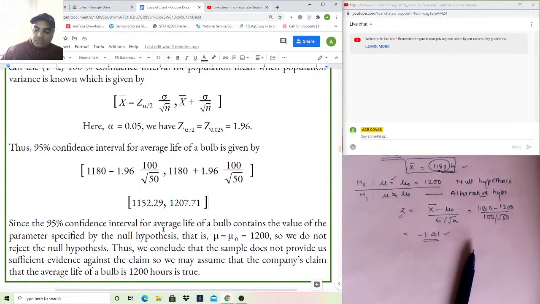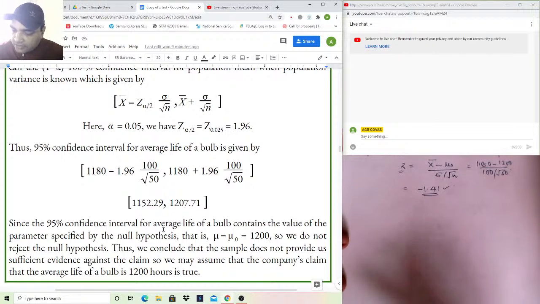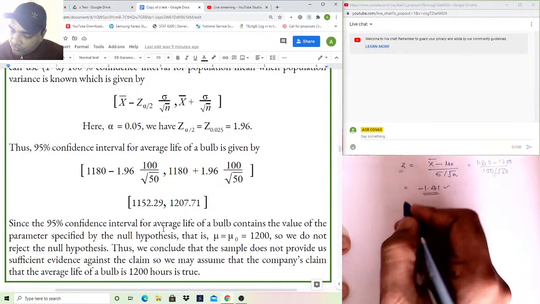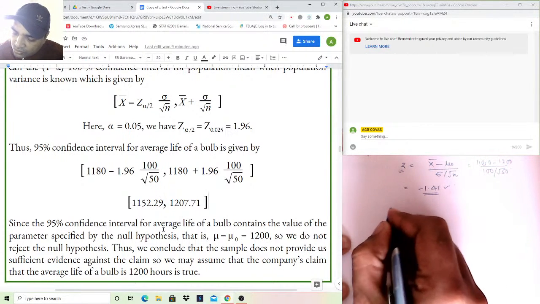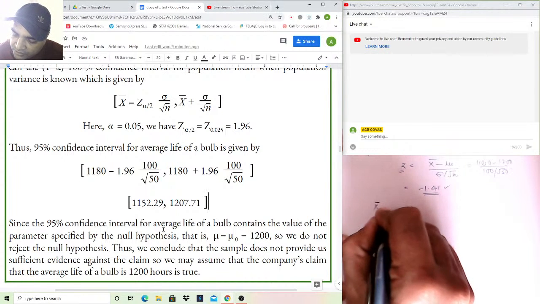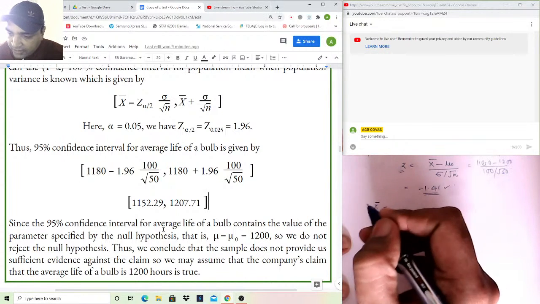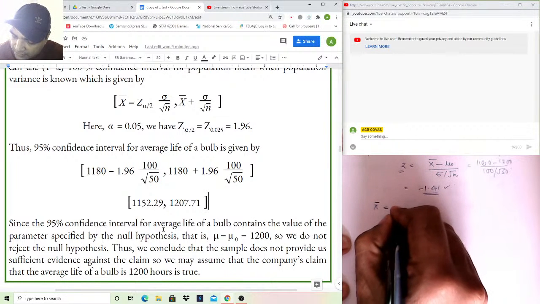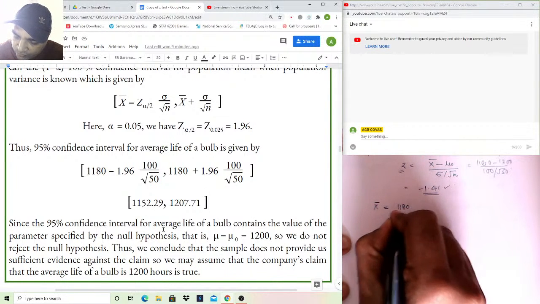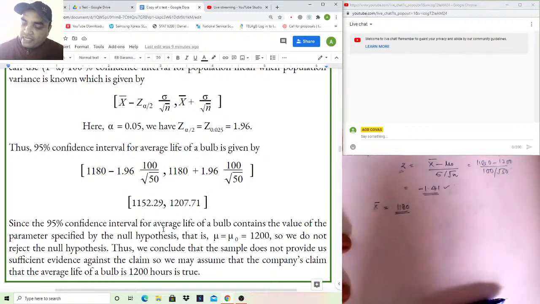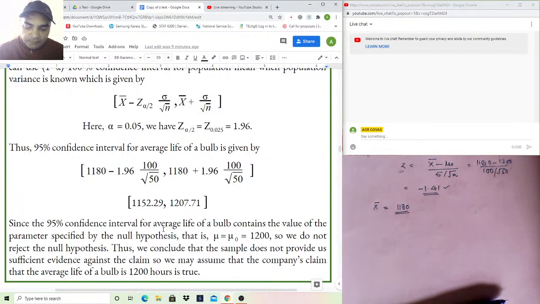What does this mean? This is very important. You must understand this concept, so you will understand all the tests. This sample mean which the quality inspector was telling, 1180. Say, for example, I am taking out 50 bulbs many times.